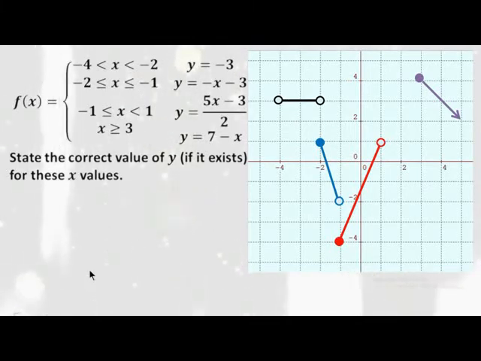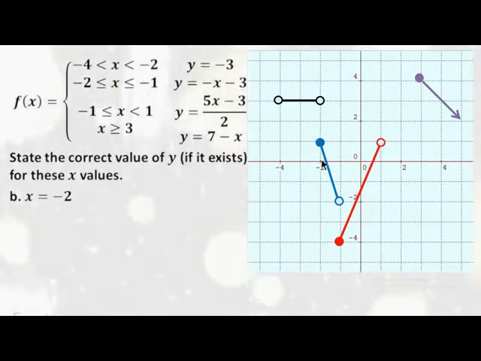Next, how about x equal to negative 2? What is the value of y? Negative 2 is here. If you make a straight line, it will touch both this line and this line. So which one are we going to use to define the value of y?